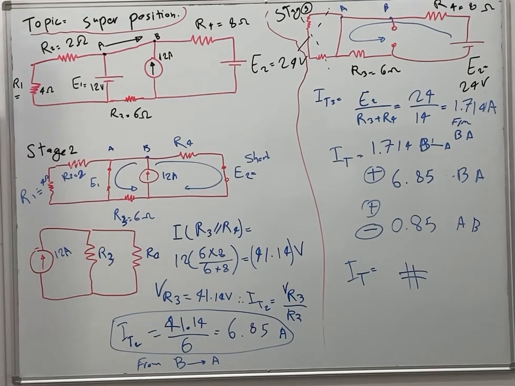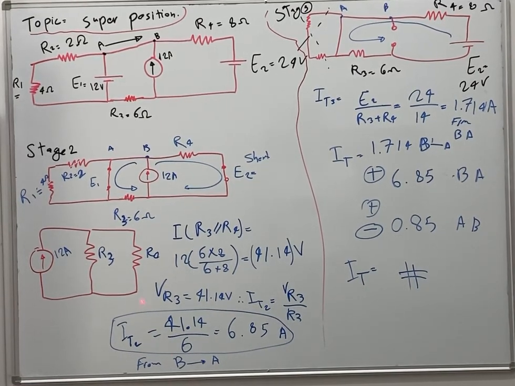Why do we need it? Because we want to find VR3, or this is actually VR3 and VR4, and after that we will know the currents going through R3 and R4, which makes it easy to understand. Let's put it this way: it's easy to know the current from B to A, which is the current through R3, and then we can add them to stage 3 and stage 1. Then we know exactly what's going on with the currents.